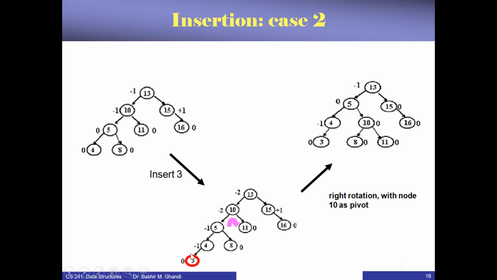In this case, to reach 3 from 10, we will go left, then left. No need to say left again. Count only twice. So left, left. If you see that you are going left, left, then we need a single rotation, because this is same side insertion. Same side, left, left, requires a single right rotation.